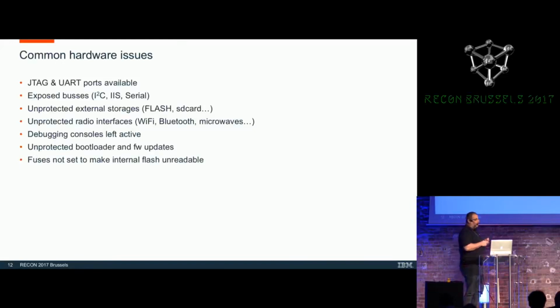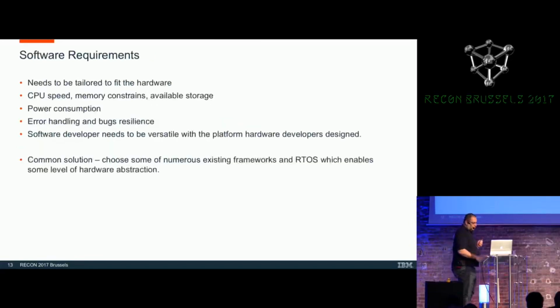Very common debugging consoles are left running. Developers forget to disable debugging features before they release. That enables us to get to the bootloader. It enables us to download the firmware for devices and do whatever we need to do with it.